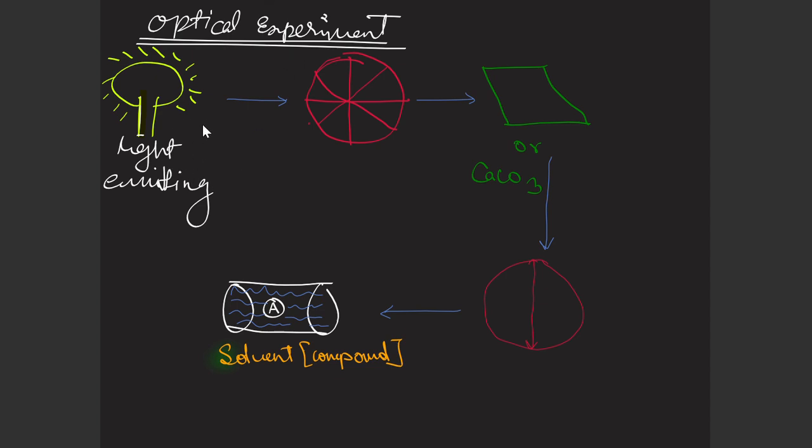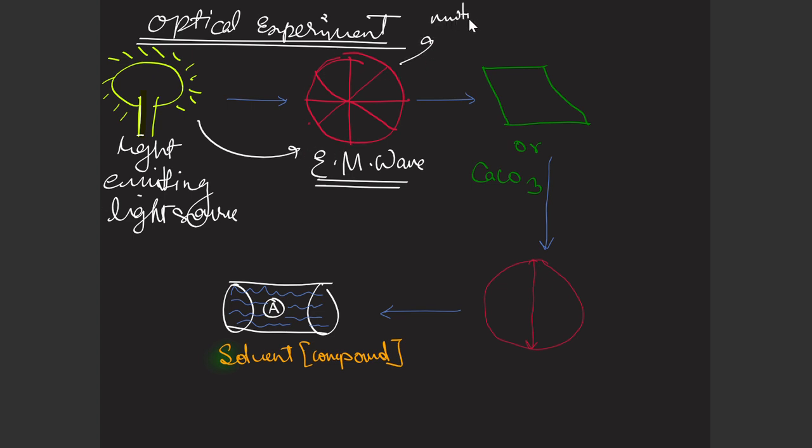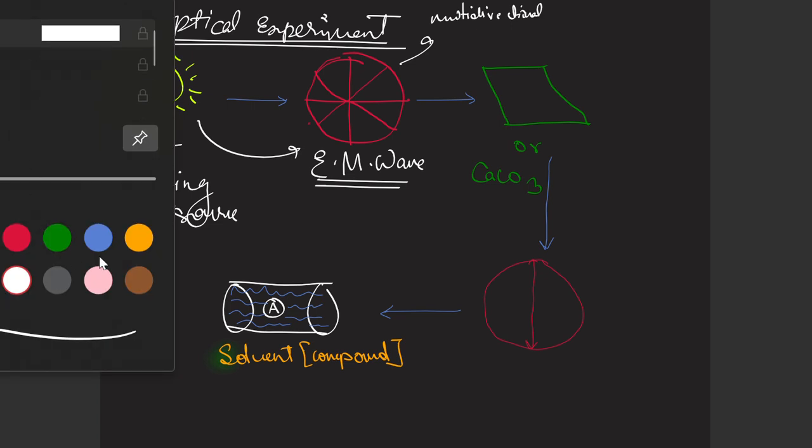So light gets emitted from its light source. From here, the light, if you observe clearly, is an electromagnetic wave, and it is multidirectional.